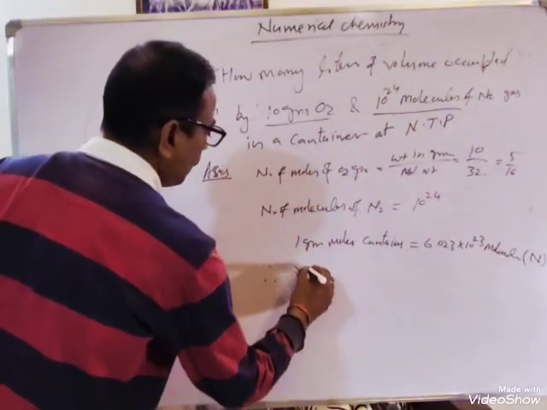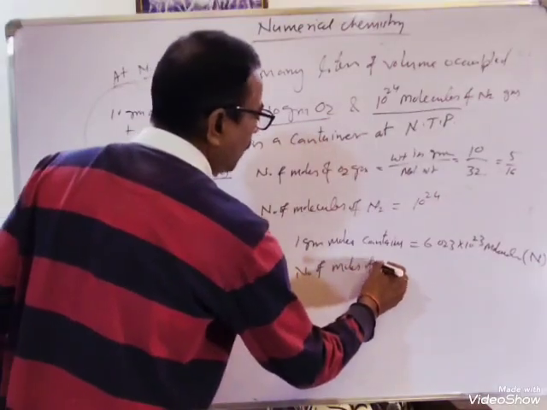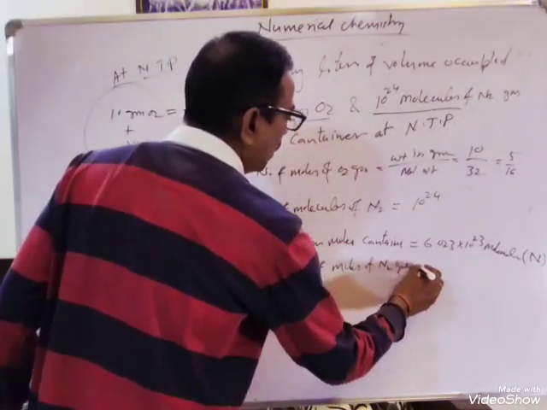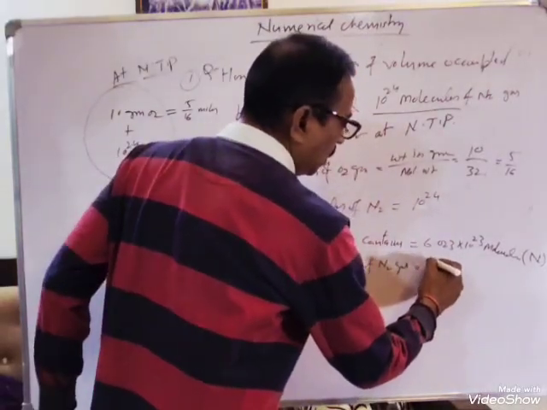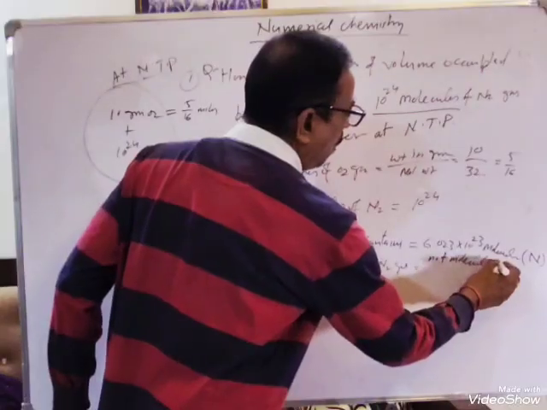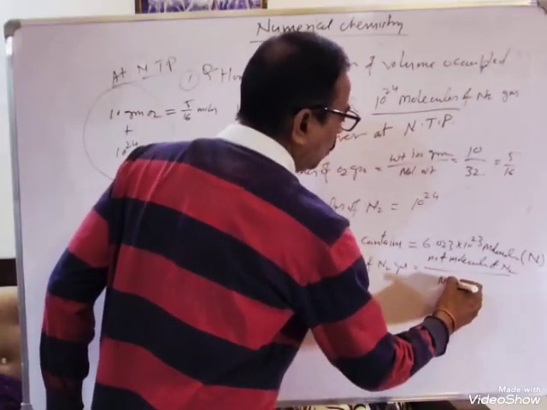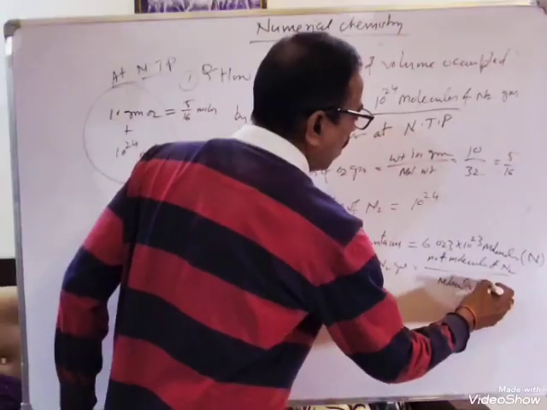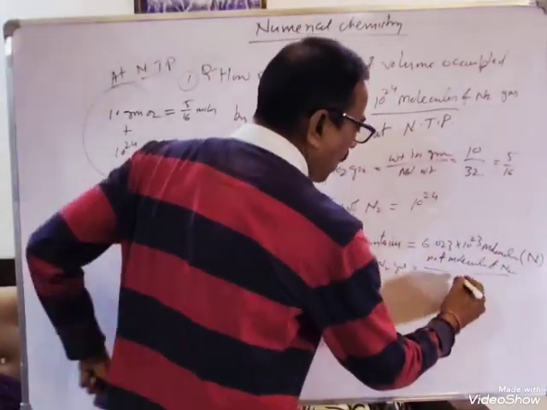Therefore, number of moles of nitrogen gas is number of molecules of N2 divided by the Avogadro number.